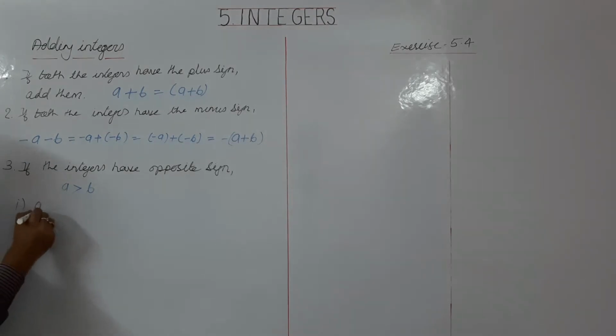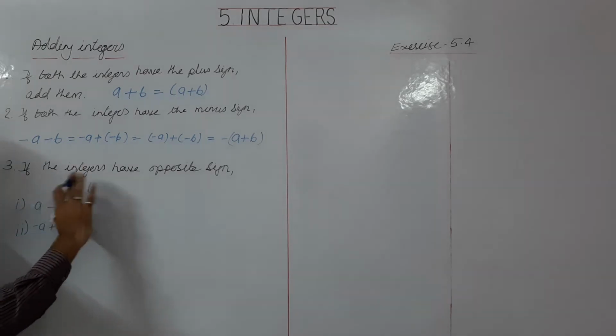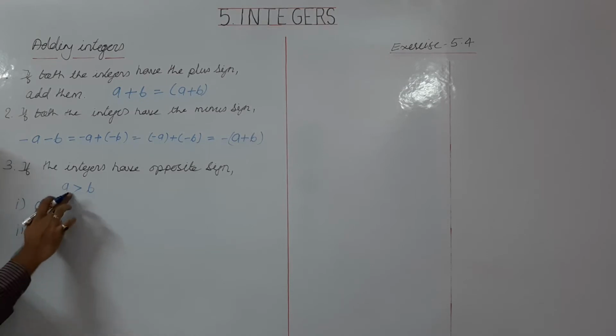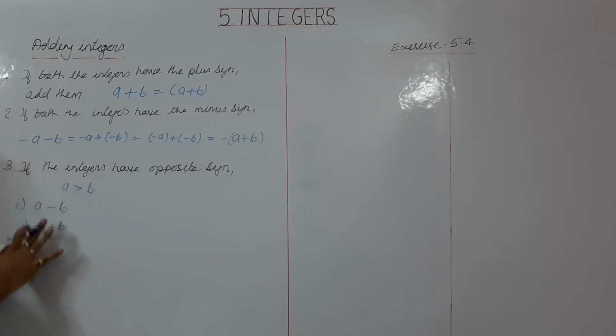First case, a minus b, if the first number is positive and the second number is negative. Second case, if the first number is negative and the second number is positive. So in the third case, if both have opposite signs, a is positive, b is negative, or a is negative, b is positive, then we are assuming that a is always greater than b for the present case.